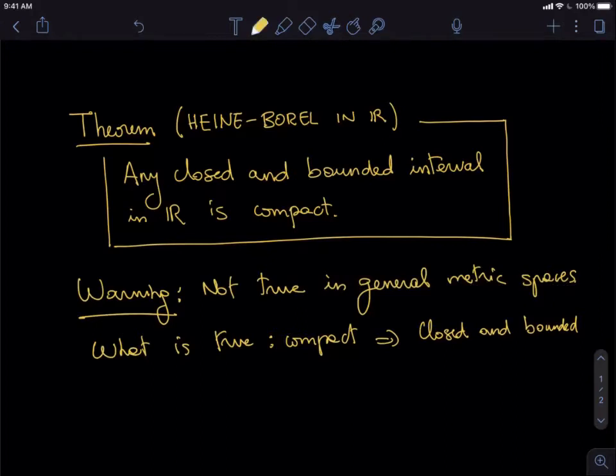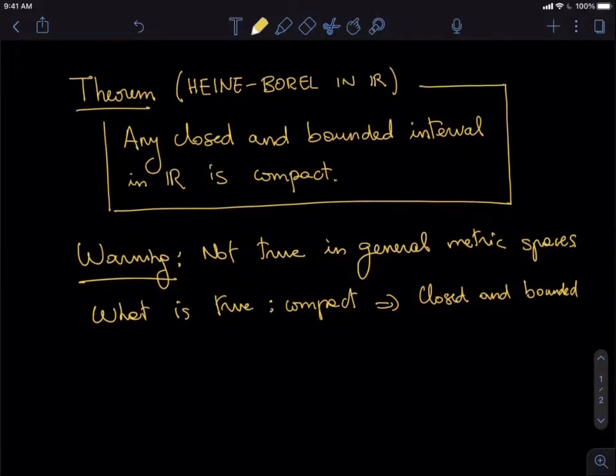So why is this theorem important? Sometimes when we want to prove a property, the proof is easier in open sets. There is some property that we can prove in open sets, but not in closed sets.